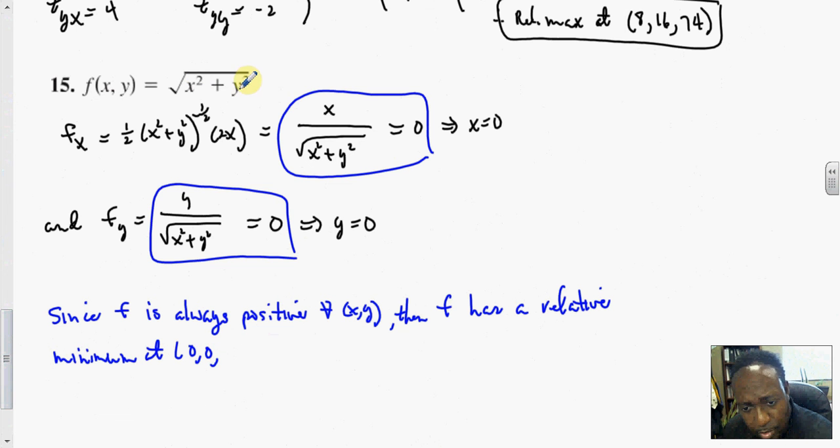Plug in x equals 0, y equals 0, even I know that, f is equal to 0. Well, unfortunately, I'll stop right there.